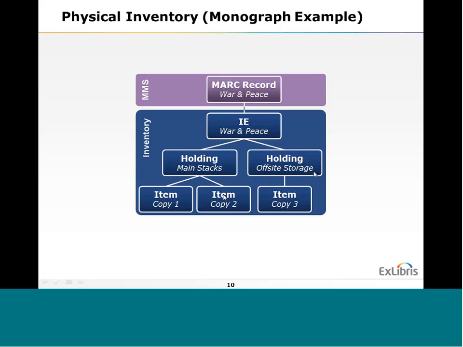These group together a total of 3 copies. 2 copies are in the main stacks, and 1 copy is in the offsite storage location. For each location, these copies are considered interchangeable. And for fulfillment purposes, unless there are archival copies, these copies are considered interchangeable for each location.